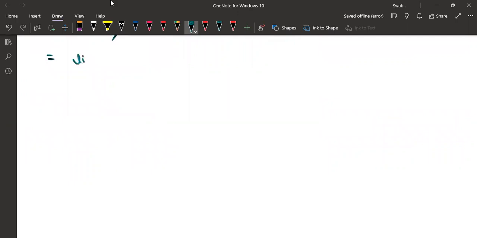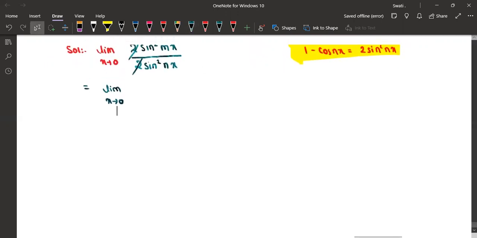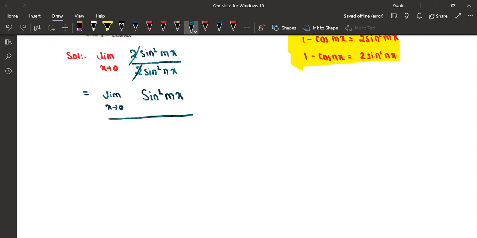So we can write this as limit x tends to 0 sine square mx upon limit x tends to 0 sine square nx.